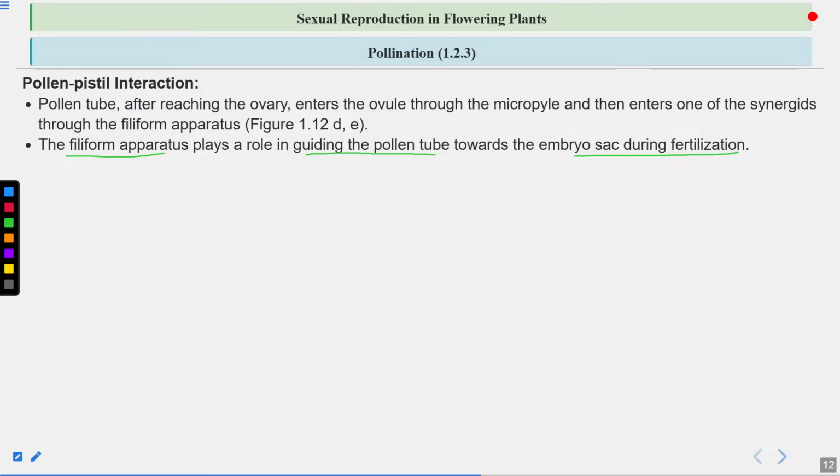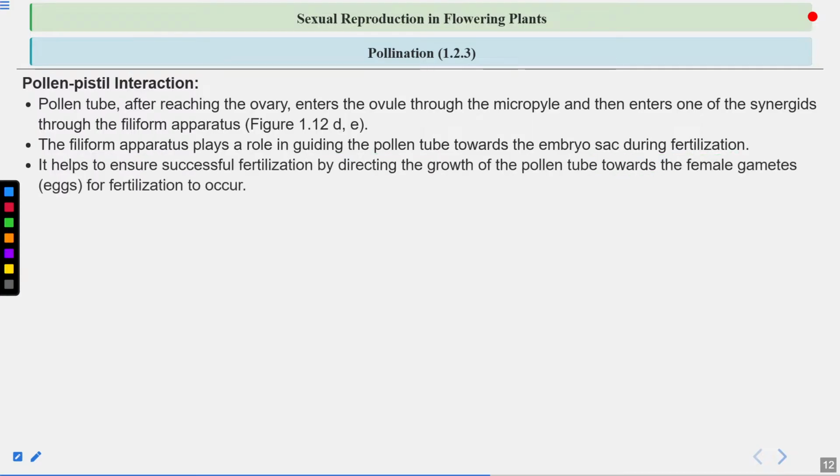What is the function of the filiform apparatus? It helps to guide the pollen tube and makes its way toward the synergid cell, right? So it helps to ensure successful fertilization by directing the growth of the pollen tube towards the female gamete's egg for the fertilization to occur.